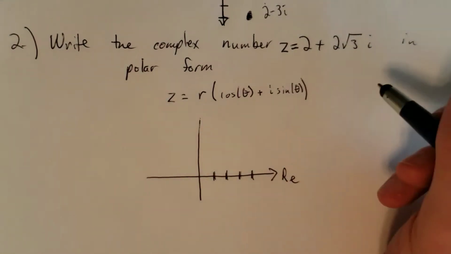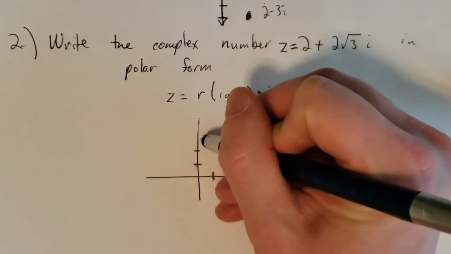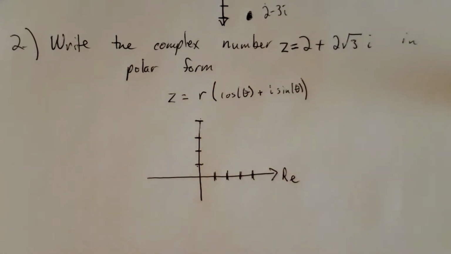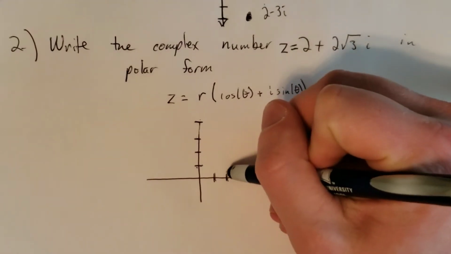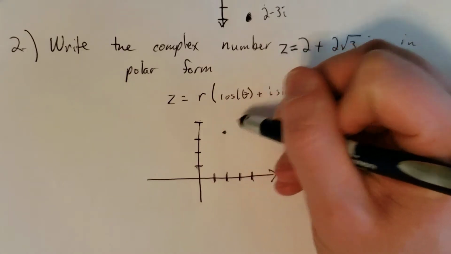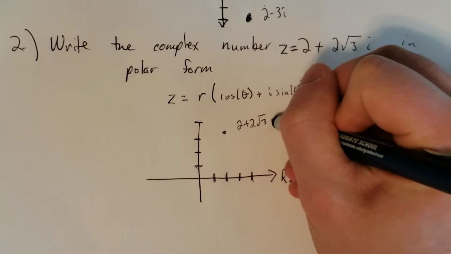And then we're going to go up 1, 2, 3, 4 here. 2 square roots of 3. Square root of 3 is 1.7 approximately, so 2 times that is approximately 3.4. So 2 over and about 3.4 up gives us 2 plus 2 root 3i.